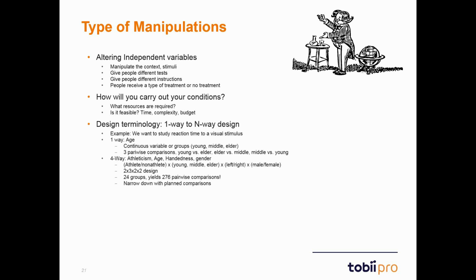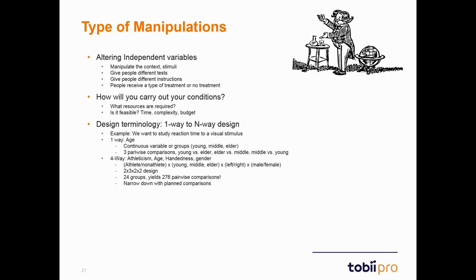Now, within psychology, there's design terminology that people use, and you might hear people say something about one-way to n-way design. The general way of thinking about this is that when I say 1 to n, that refers to the types of conditions that I might have, and additionally how many variations within a particular condition I might have.